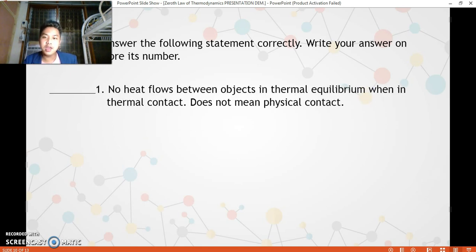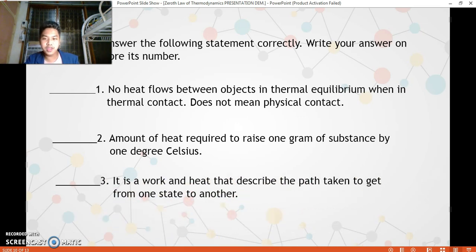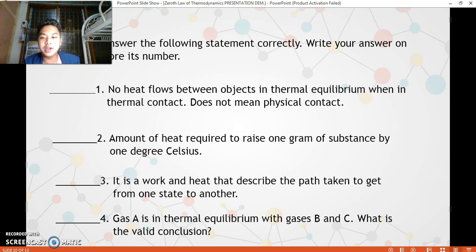Number 1. No heat flows between objects in thermal equilibrium when in thermal contact, and does not mean a physical contact. Number 2. Amount of heat required to raise 1 gram of substance by 1 degree Celsius. Number 3. It is work and heat that describe the path taken to get from one state to another. Number 4. Gas A is in thermal equilibrium with gases B and C. What is the valid conclusion?